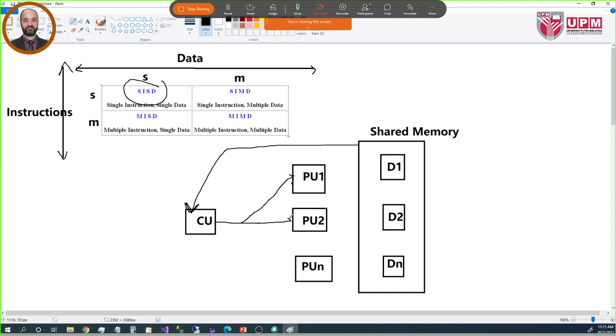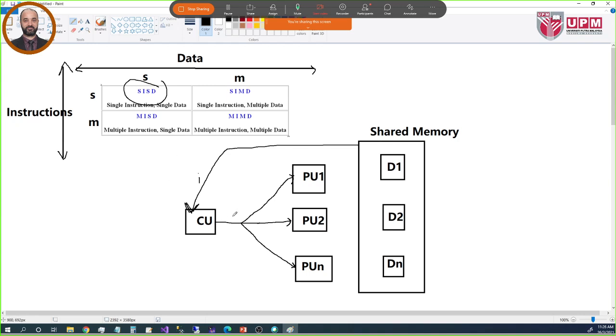Sorry, that instruction, this one is I, this one is I. As we said, in the memory we have program and data, right? So the program is going to be retrieved from the shared memory by the control unit.